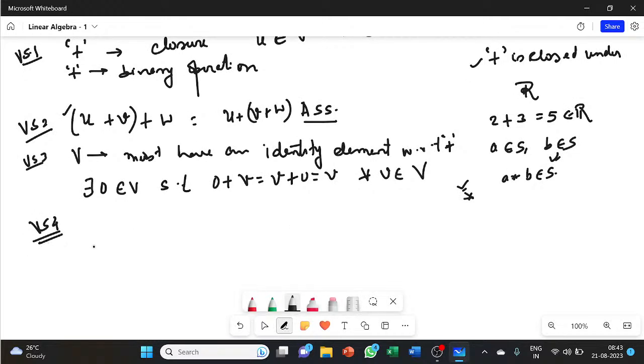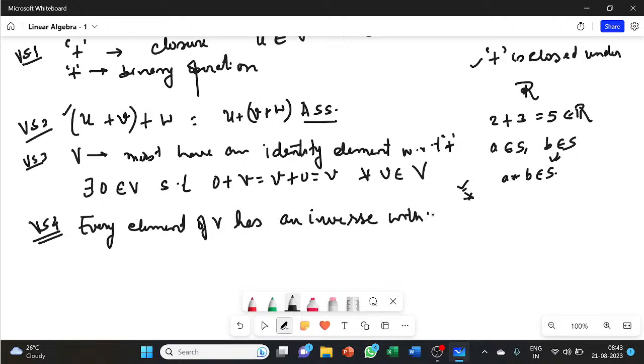The fourth property that we saw was the existence of an inverse. So every element of V has an inverse with respect to this addition.